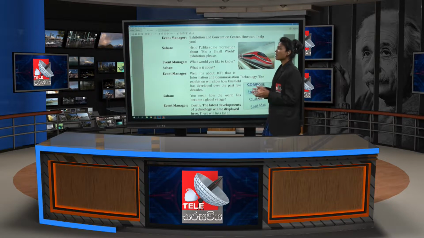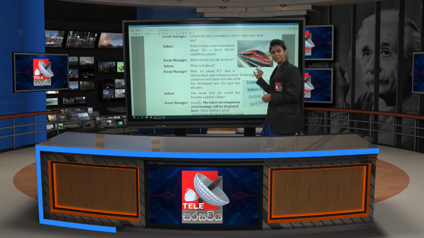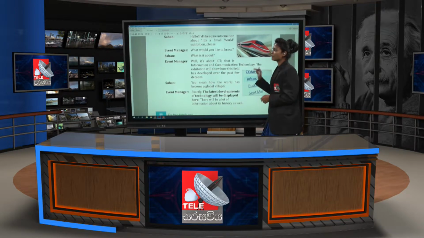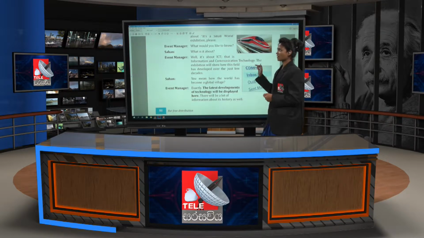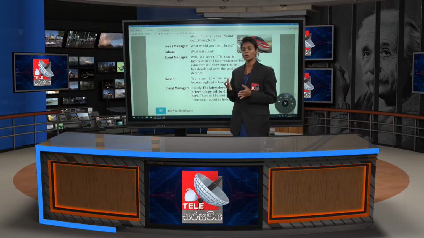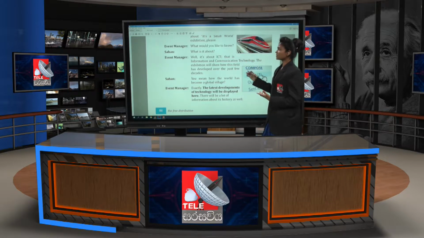Then Sahan responds, hello, I would like some information about It's a Small World exhibition, please. Then the event manager replies like this, what would you like to know? Then Sahan, what is it about? That means he wants to know what are the things that can be appeared in that exhibition.